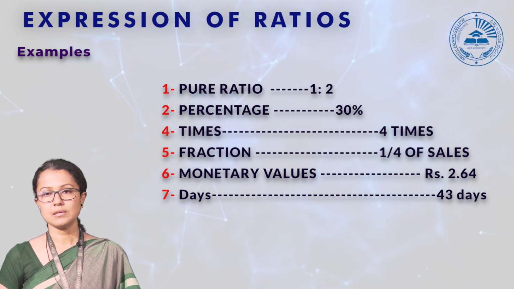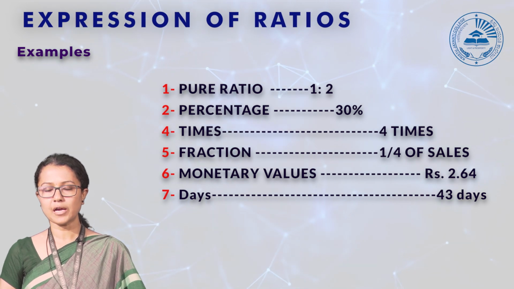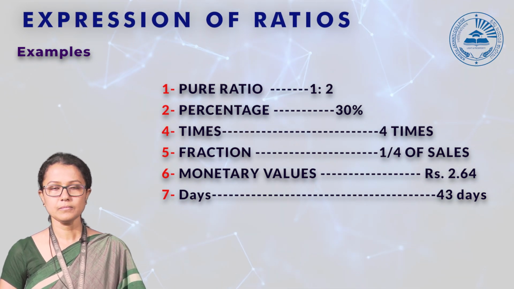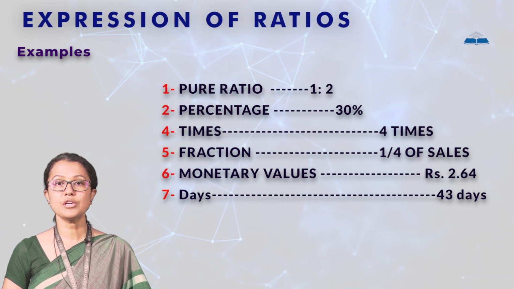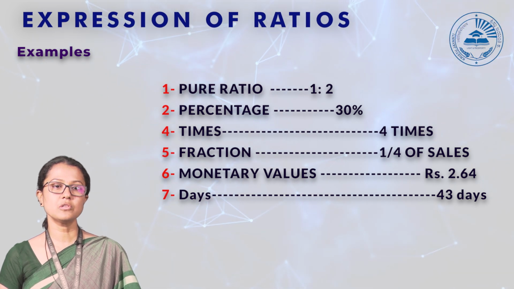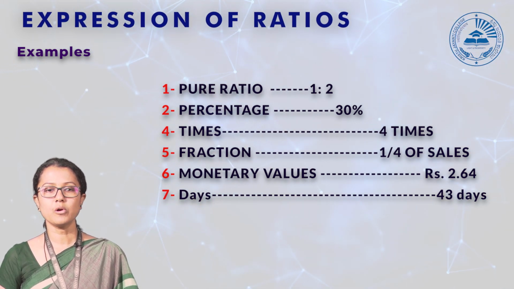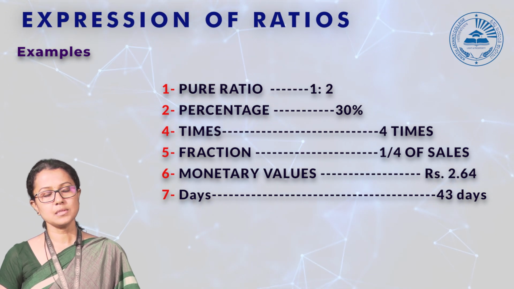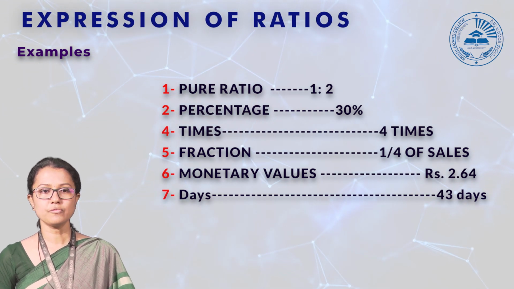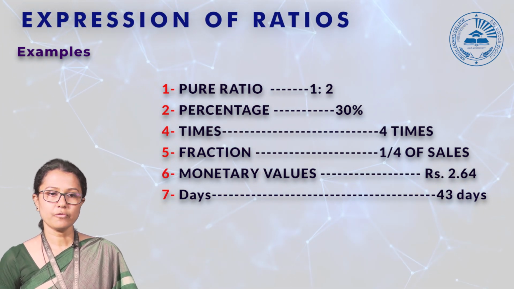And the next is simply one numerical value with a decimal. When you are calculating your EPS, or earnings per share, you get an answer as, say for example, 2.64, which is just a numerical value. This also falls under the category of ratio.